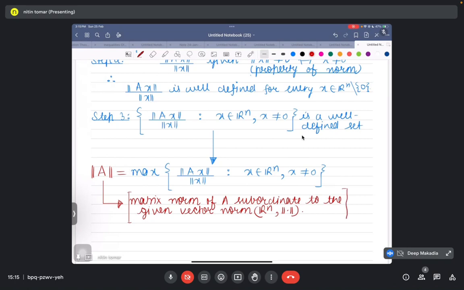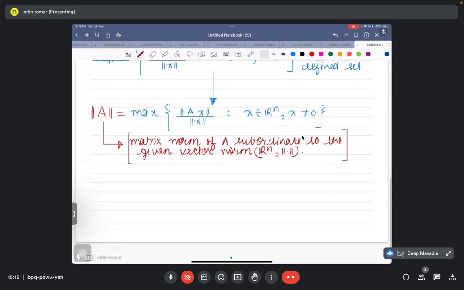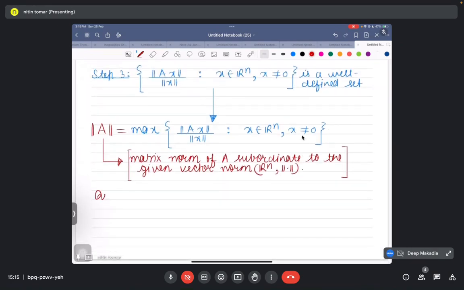Now the question is we are taking maximum over certain things. Am I correct? So the natural question that I asked in the last class, what should be the natural question? Why does the maximum exist?